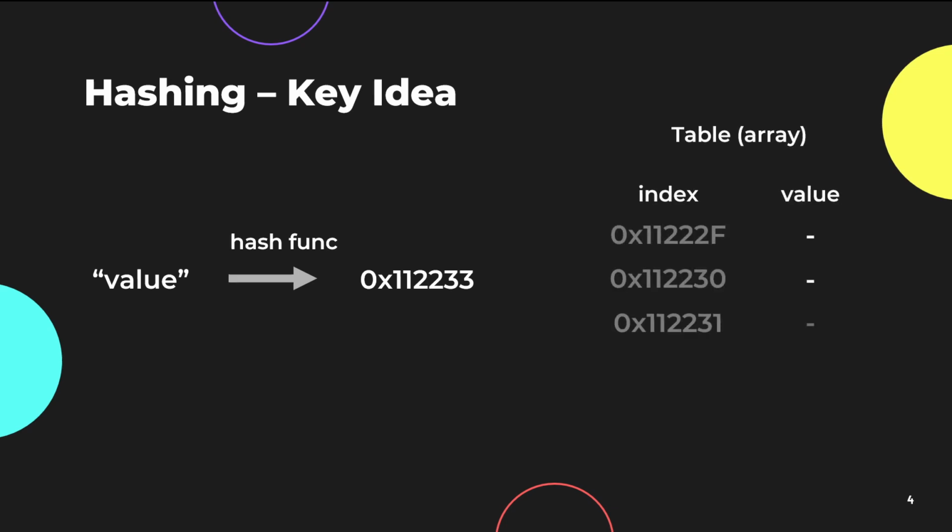I basically have a table that is just an array. So at index something, for example, initially there will be no values at all. So I will place my value as the element at this position. Okay, so this is hashing. Basically what you are doing is, from this thing, you are going to hash it into one specific index, and then you are going to store it in the table corresponding to that index.